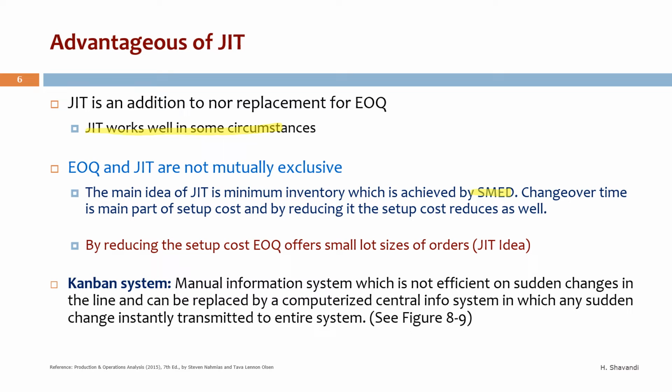Where it's not possible to reduce the setup time, or because of variability and uncertainty in the demand or production process, it may be impossible to minimize the inventory level beyond a certain point. In those situations, it may be impossible to implement the just-in-time philosophy.